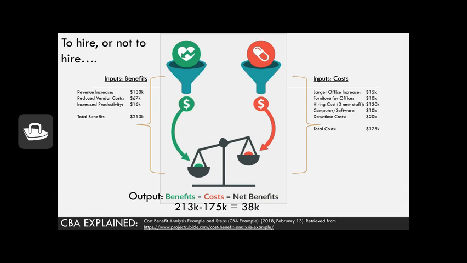The company anticipates an overall total cost to onboard these 3 employees at $175,000. Now that we've outlined our costs and benefits, we can calculate our output, which is total benefits less total cost. In this case, we are left with $38,000 in total benefits, which presumably seems like a good move for this company to make in hiring these 3 employees.